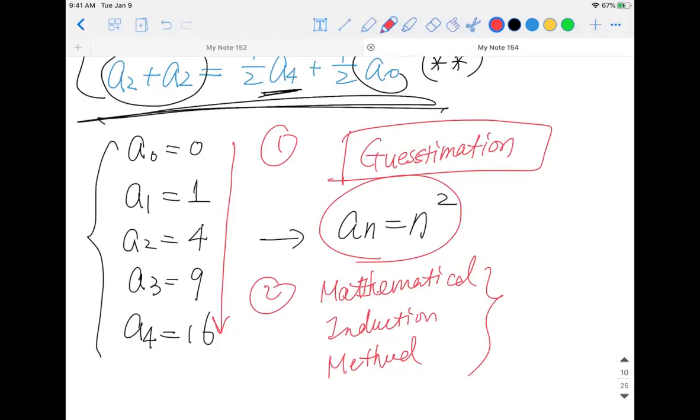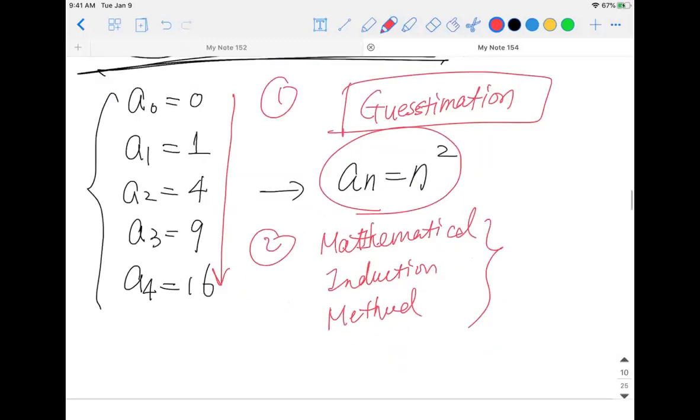This is going to help you do a rigorous proof. But let's keep it a little bit mysterious for now because we haven't introduced the mathematical induction method yet. Let's try to remember this question. After several lectures, when we introduce the mathematical induction method, we'll come back to this problem, and you will find out how to give a rigorous proof. Okay? So far, so good?